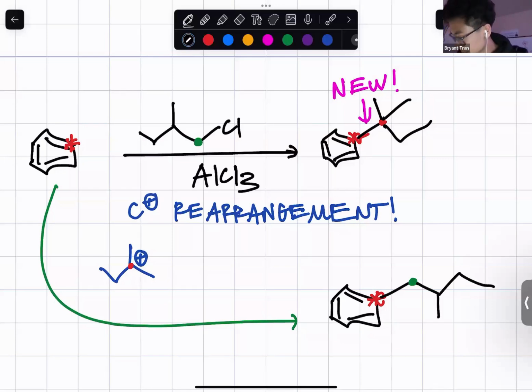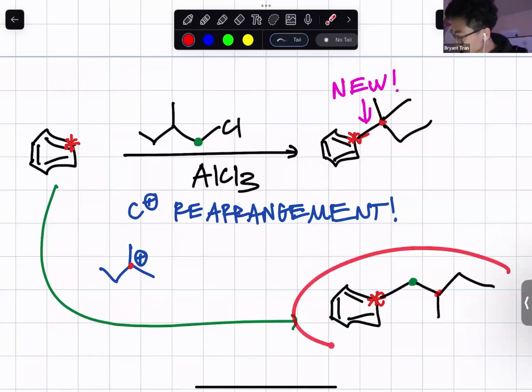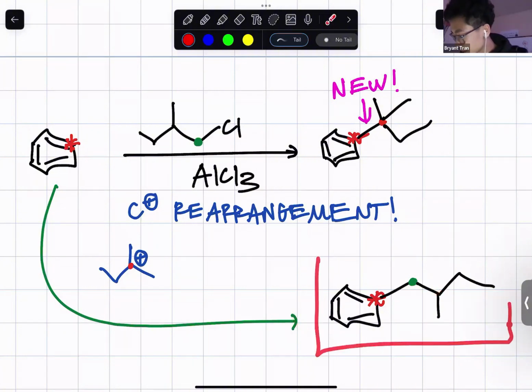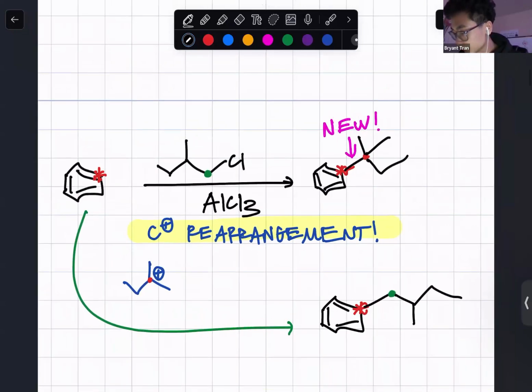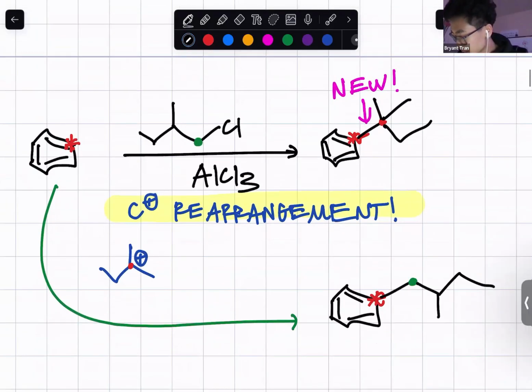I'm going to draw that sec-butyl group out like that. So some people might have put this as the answer. This is not the answer because of the carbocation. Think about the carbocation intermediate here. We want to form the more stable carbocation intermediate, the more substituted one.